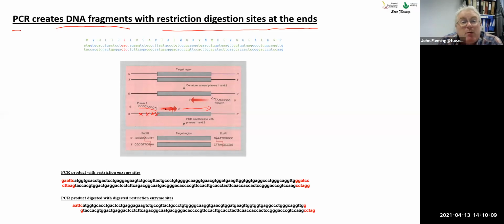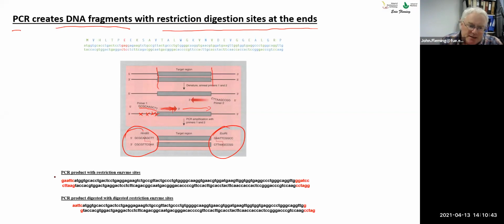What this means is that when we create these PCR products, not only does the amplified fragment of DNA contain an exact copy of the original sequence that was used for the template, but it additionally contains nucleic acid sequence at either end that is going to act as the recognition site for restriction enzymes.